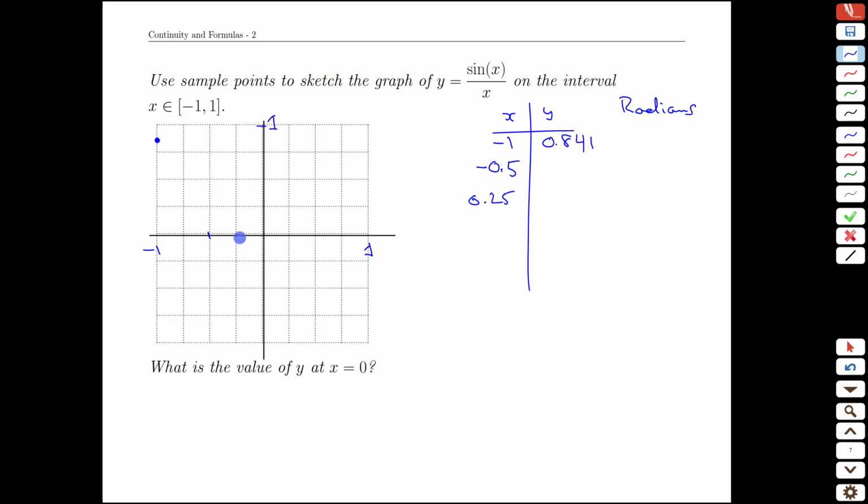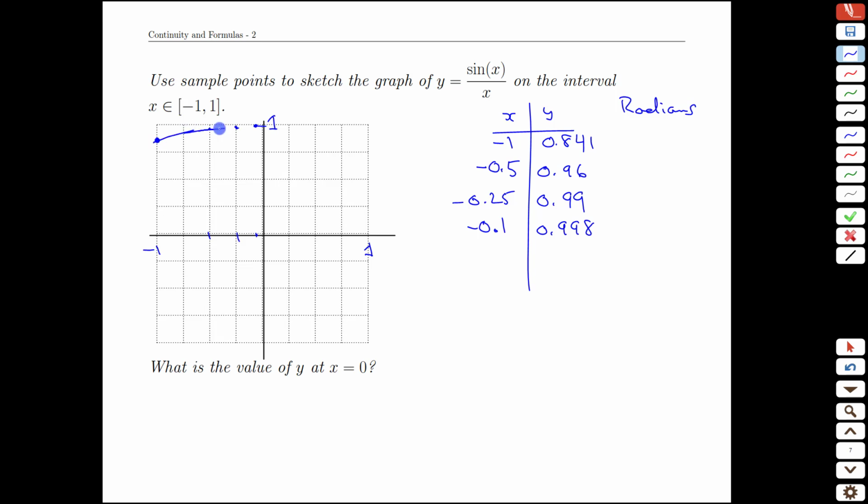At -0.5 and -0.25, if you use your calculator, you'll find these values end up being 0.96 and 0.98, actually rounded 0.99. And if we go even closer, to -0.1, we get 0.998.